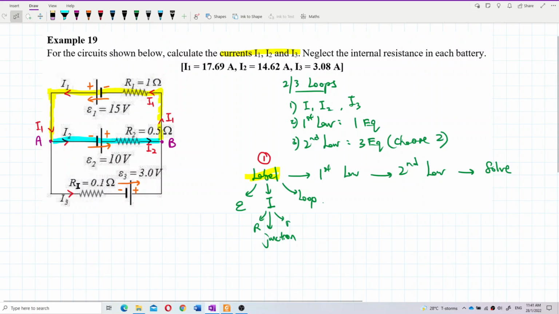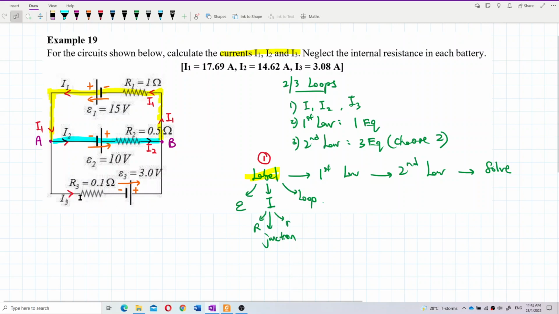So R3 already has the current I3 passing through. This current I3 of course goes from the negative to the positive terminal, and then label the current near the junction.